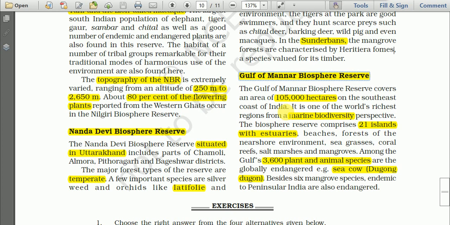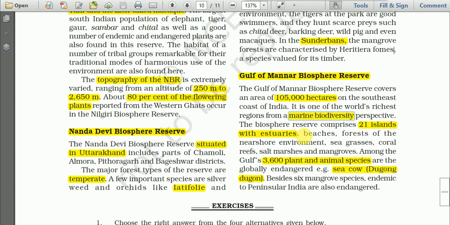So the Gulf of Mannar Biosphere Reserve covers an area of 10,500 square kilometers on the southeast coast of India, and it is one of the world's richest regions from a marine biodiversity perspective.